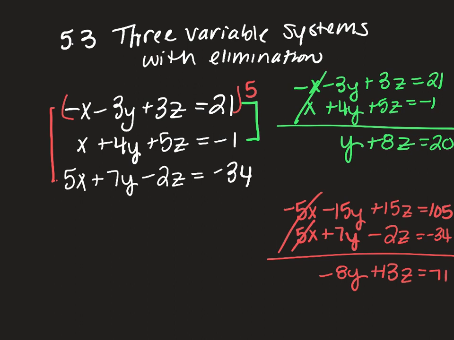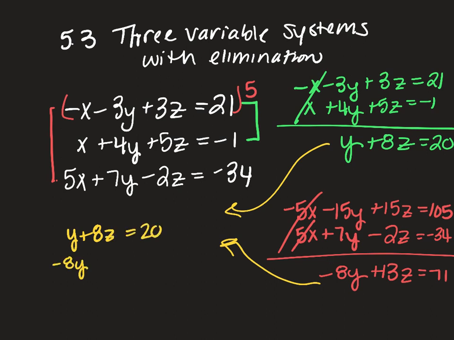All right, so now we're going to take those two equations and put them together. I have y plus 8z equals 20, and negative 8y plus 13z equals 71. So I would multiply the top equation by what? 8, right? Let's get rid of the y's. I'm just going to write that underneath here to save space.